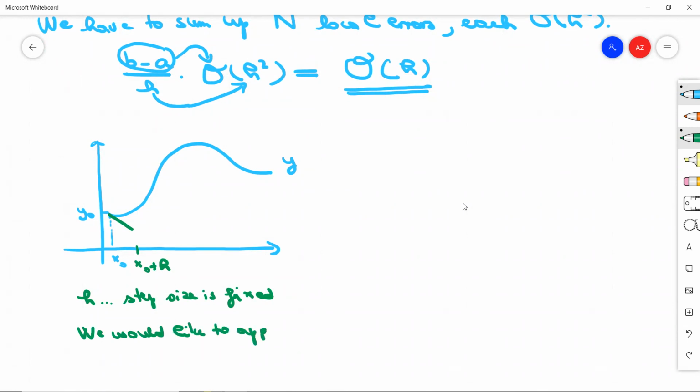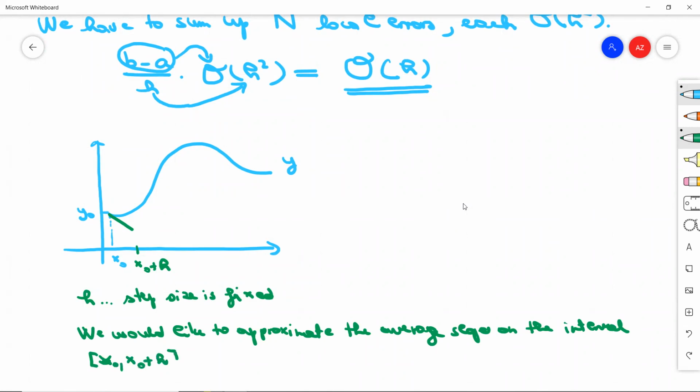So we would like to approximate the average slope on the interval x0 to x0 plus h more accurately. On the interval x0 to x0 plus h, slopes of the tangents vary. If you knew the average slope, then we would get a completely correct approximation at x0 plus h.